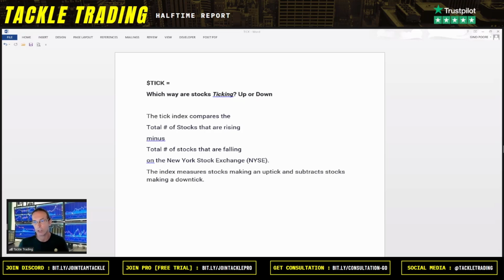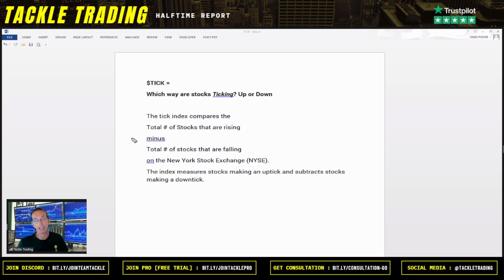Tick means move. The tick index compares the total number of stocks that are going up, that means the prices are moving up, minus the total number of stocks where the prices are going down. It doesn't matter if the stock's an advancer or decliner. It's just which way is the price moving since the open. So let's say it's down $3 and now it's only down $2.98.